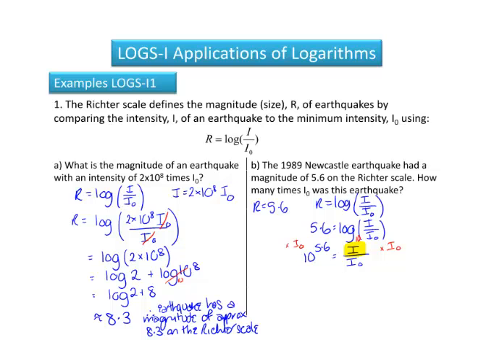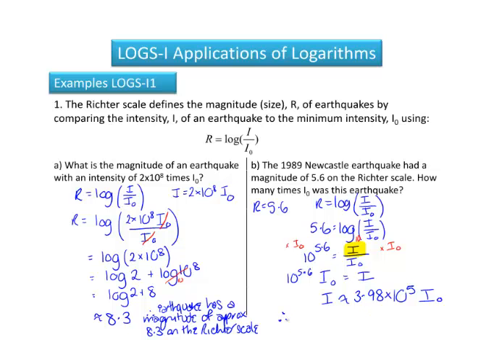And I end up with 10 to the power of 5.6 I base 0 equals I. Now if you work out what 10 to the 5.6 is on the calculator, in scientific notation, I is approximately 3.98 times 10 to the 5 I0.